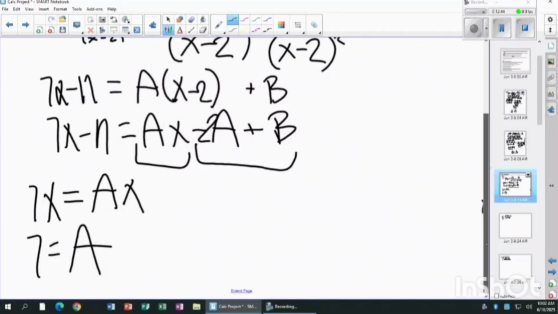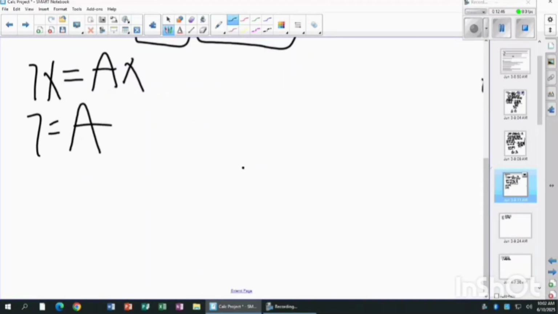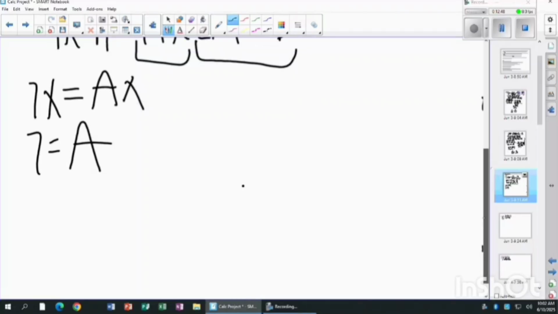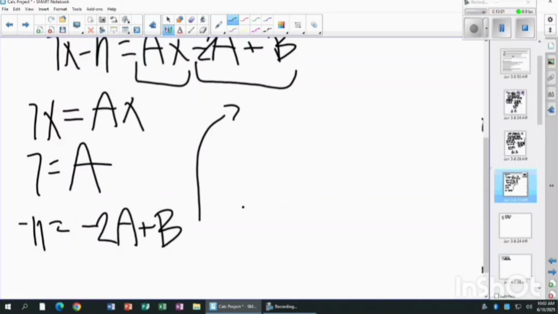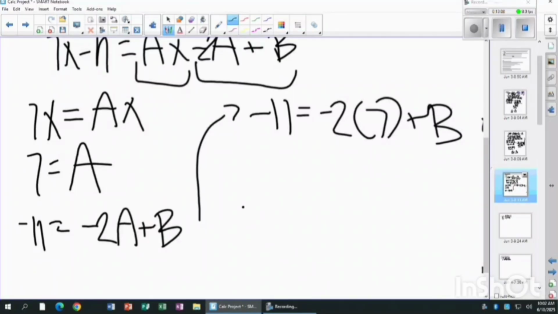And then negative 11 equals negative 2a plus b. So we already know a is 7, so we can just plug that in. So negative 11 equals negative 2 times 7 plus b. Negative 2 times 7 is negative 14. Add the 14 over. B equals 3.